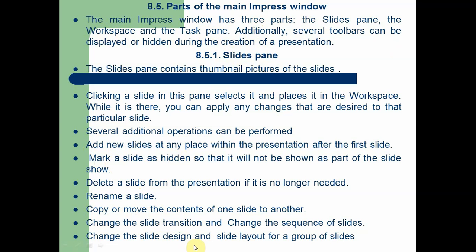Whenever we select any slide from the slide pane, that slide is available in the workspace, then only we can work on that particular slide. So the slide pane plays a very important role for formatting, creating, deleting, manipulating slides.